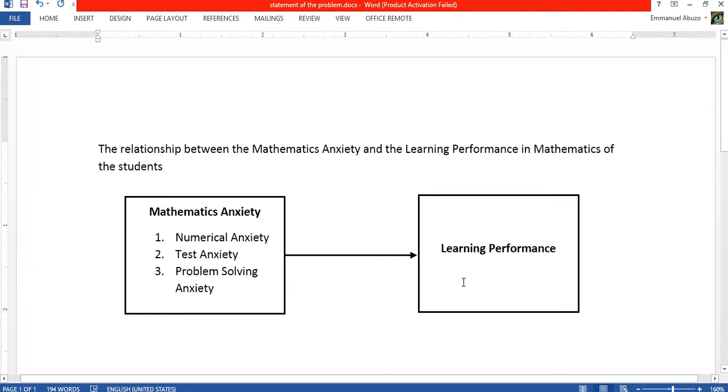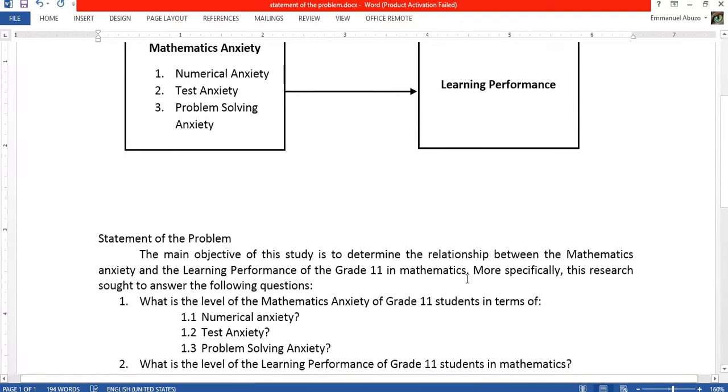This means that the learning performance is affected by the mathematics anxiety. By this conceptual framework, I will now test whether the two variables are related with each other. By this conceptual framework, I can now create my statement of the problem.